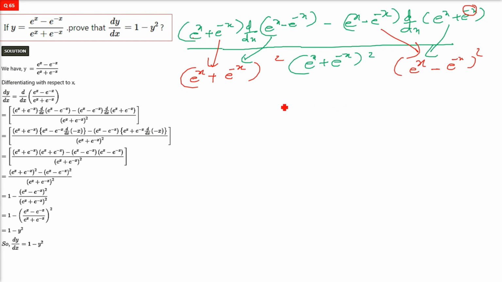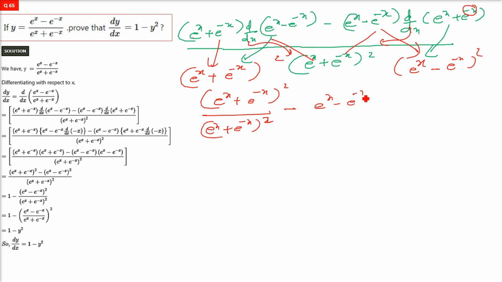If you want to open it up, that is the a plus b whole square formula, there will be cancellation of twice of e to the power x plus e to the power minus x. But that is not going to resolve our issue, because we have to see what we have to prove also. What we can do is we can separate these two terms with respect to the denominator. That is e raised x plus e raised minus x whole square divided by e raised x plus e raised minus x whole square, minus numerator we have e raised x minus e raised minus x whole square divided by e raised x plus e raised minus x whole square.